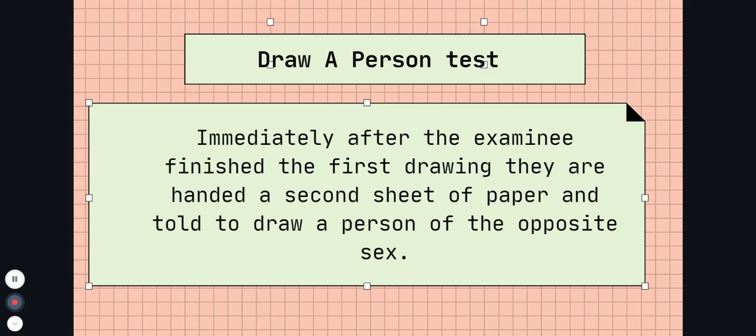For example, if the assessor first asked for a girl, the next one would be a boy for the child to draw.